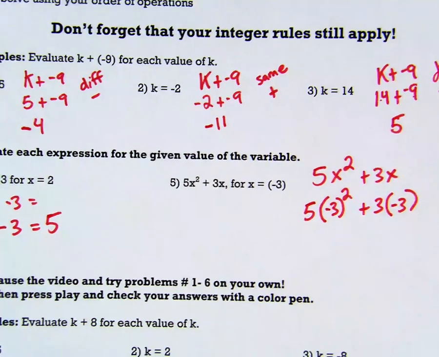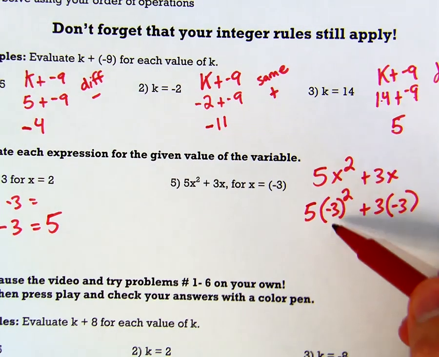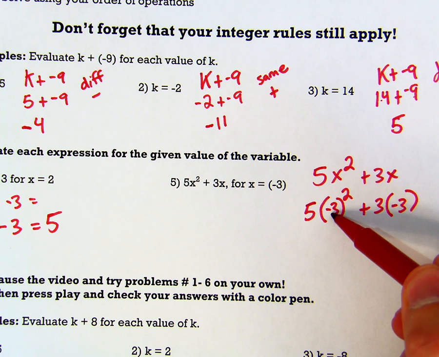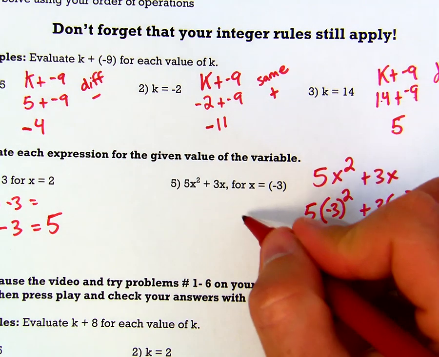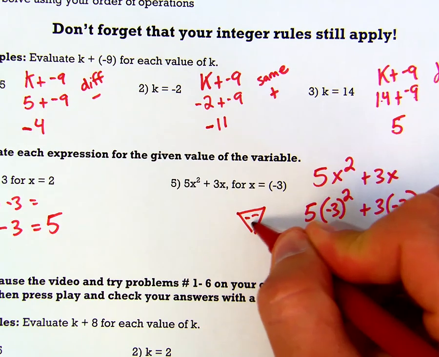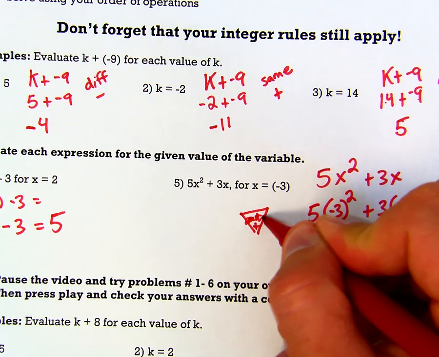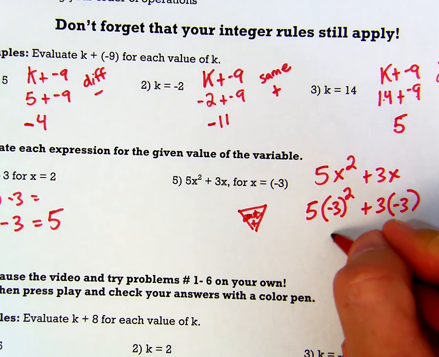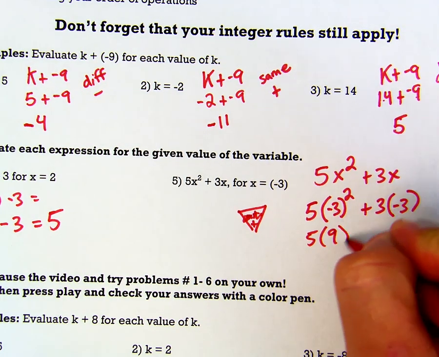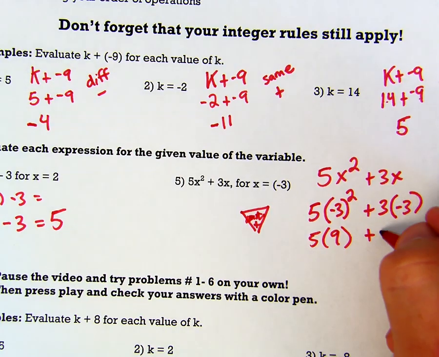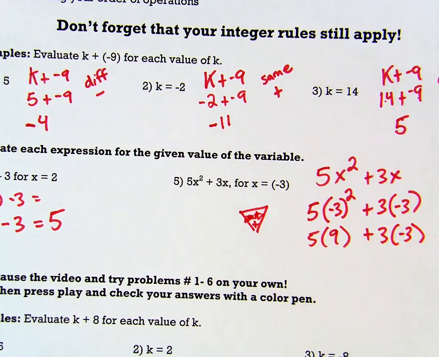Now the first thing I'm going to go ahead and do is my exponent. So I'm going to do -3 times -3, and that is equal to 9. So remember I have two negatives. If I cross those two negatives, I have a positive, so it's a positive 9. Bring down my 5. And plus 3 times -3.